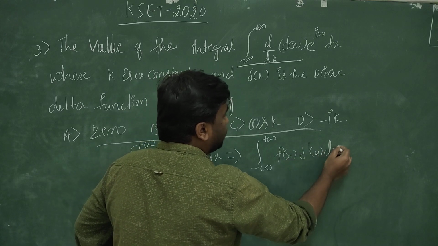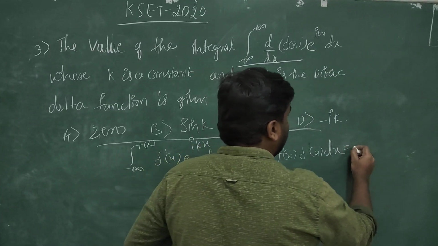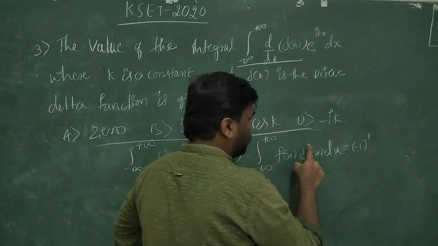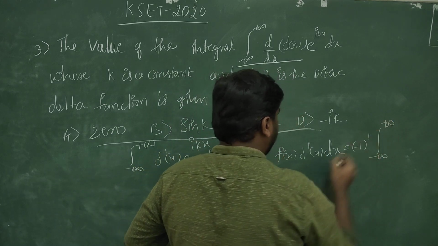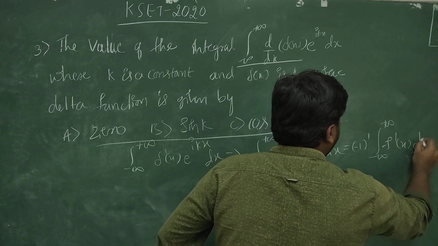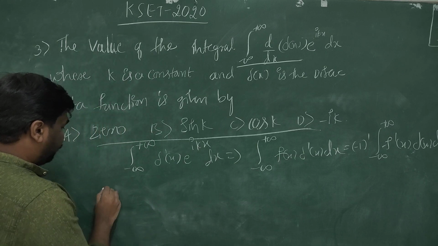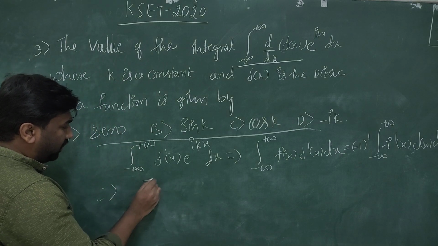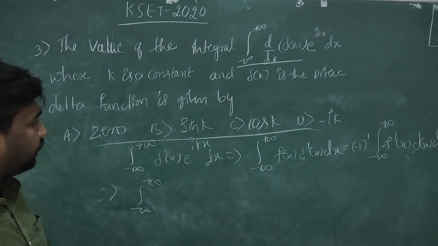Which is equal to minus 1 power 1, because δ prime is there. So integration from minus infinity to plus infinity of f'(x) δ(x) dx.